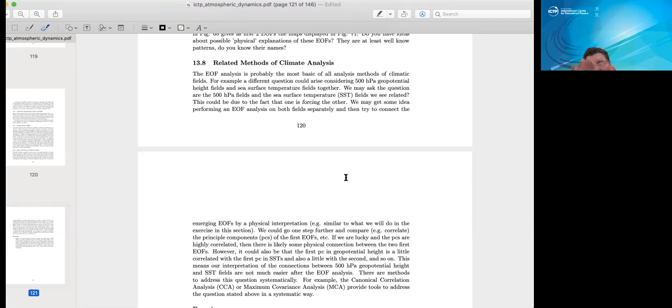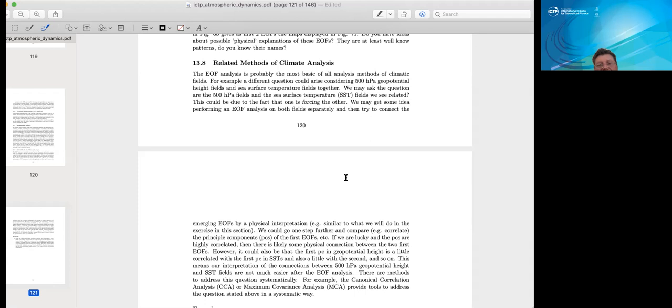You often use the EOF analysis anyway to do some filtering of your data. But there may be a question, for example: if I have a geopotential height field or surface pressure field, how is this related to sea surface temperatures? That question I cannot necessarily answer with EOF analysis.